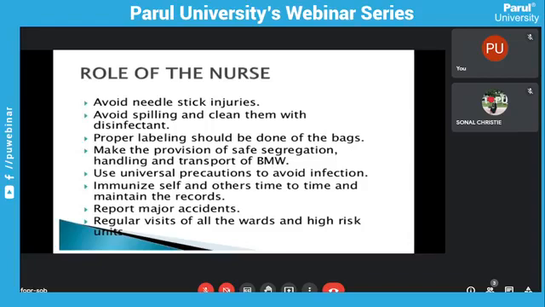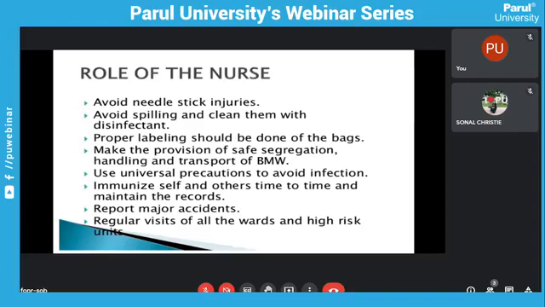So to stop the spread of infection, first avoid needle stick injury, avoid spilling. If spillings occur, then clean them with the disinfectant. Proper labeling should be done of all the bags. Make the provision of safe segregation, handling and transport of biomedical waste management. Then use standard or universal precautions to avoid infection.